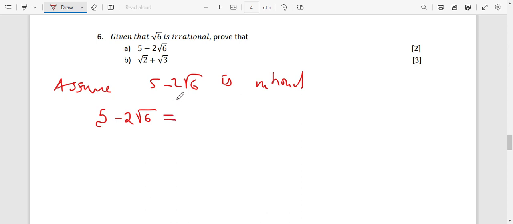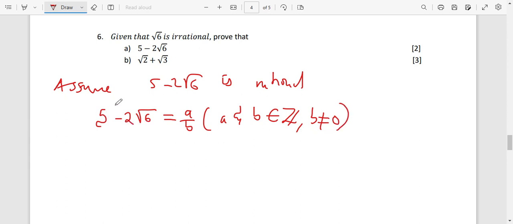It will be expressed in the form a over b, where a and b are integers. Very good. a and b are integers and b cannot be equal to 0.